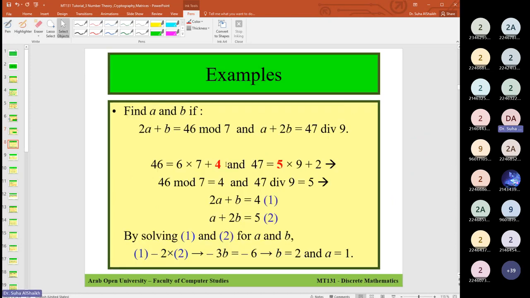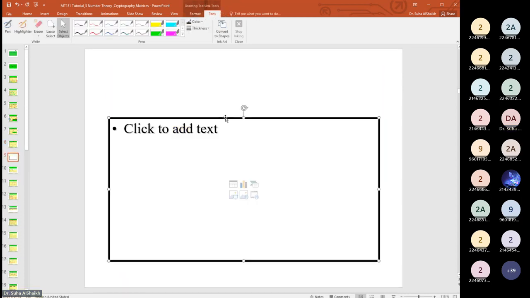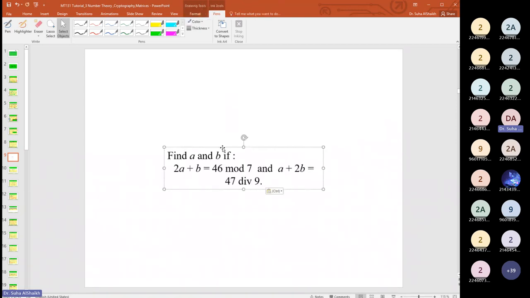Now we have the following example. They want you to find A and B, knowing that you have these two equations: 2A plus B is equal to 46 mod 7, and A plus 2B is equal to 47 div 9. I'm going to do this in a new slide so that we can include all the details.